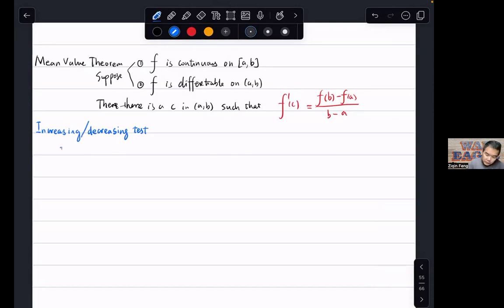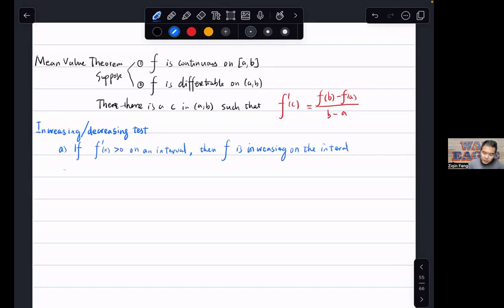The first result says if f prime of x is greater than 0 on an interval, whatever the interval is, then f is increasing on the interval.